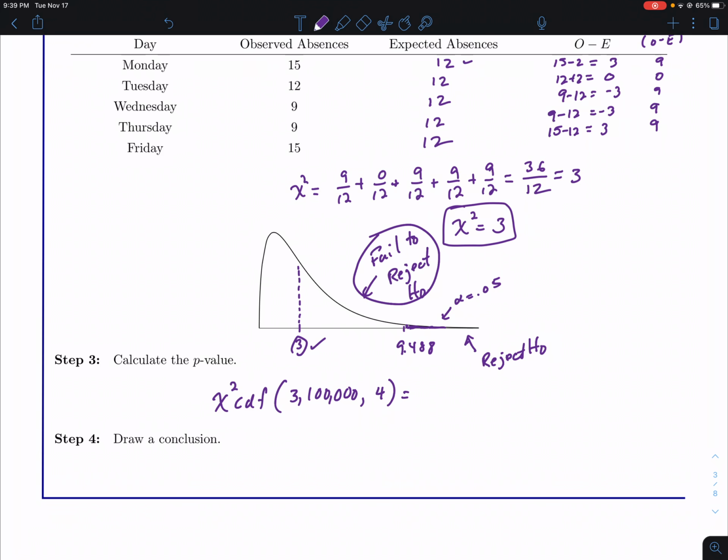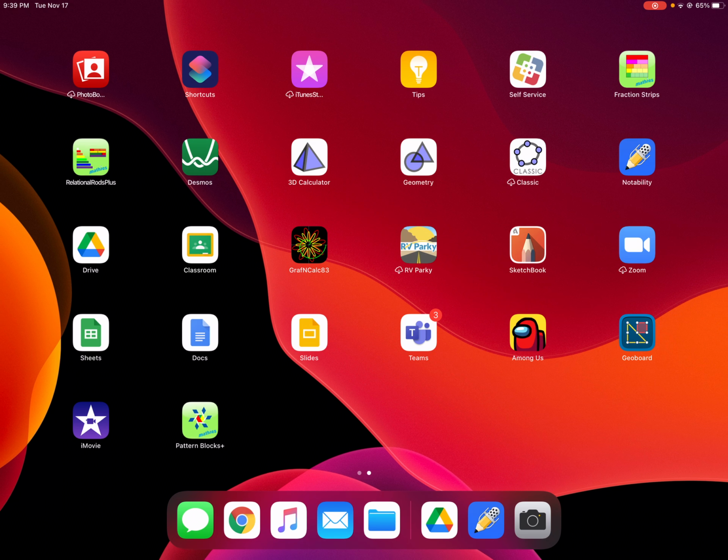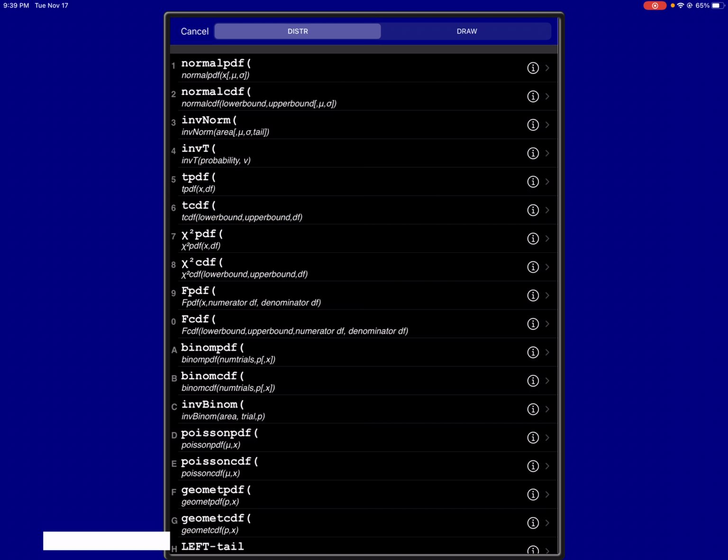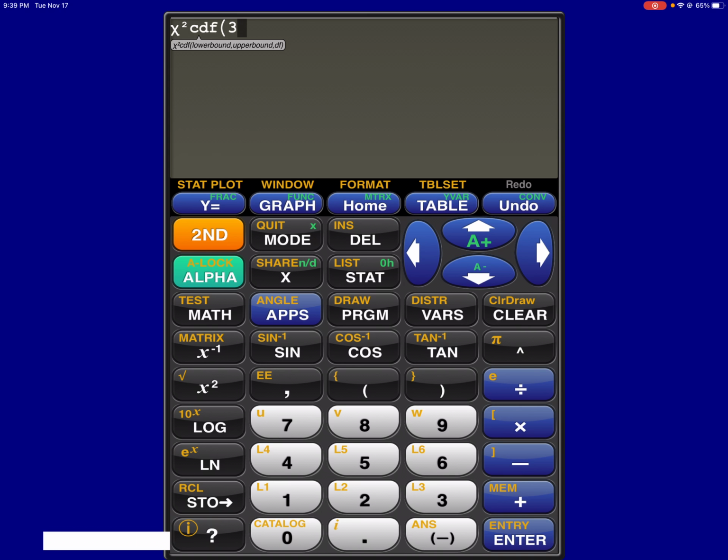So let's go to the calculator real quick here. So again, we go to second vars. So chi-squared CDF looks to be 8. So again, put 3, comma 100,000, comma 4 for our degrees of freedom.